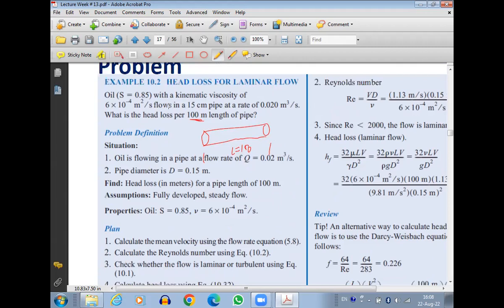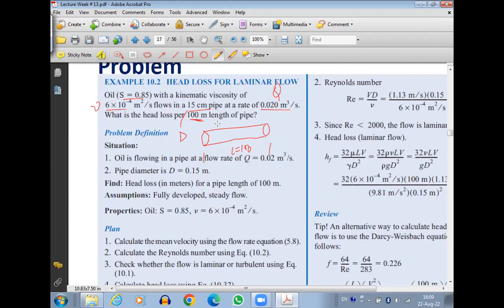Diameter of the pipe is this. This is the diameter of the pipe. The oil has a specific gravity given, kinematic viscosity given, and the volume flow rate is given, Q.